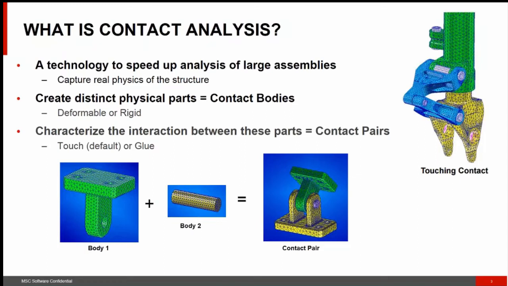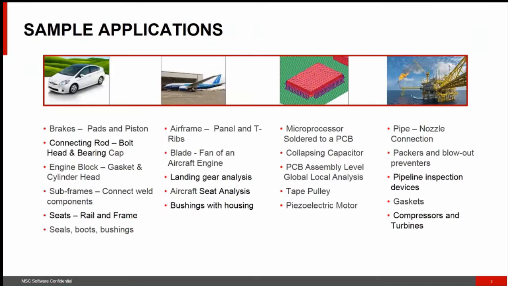The first step is to define the bodies and distinguish which parts are connecting to each other. As you can see here from this image, we have a body 1 and a body 2 for this slug and pin. Then we define how these bodies are interacting with each other. Are they touching? Are they glued? These are the topics that we're going to be discussing in this webinar.